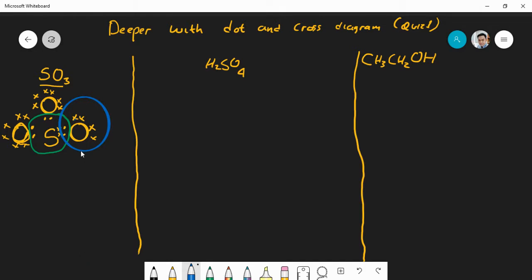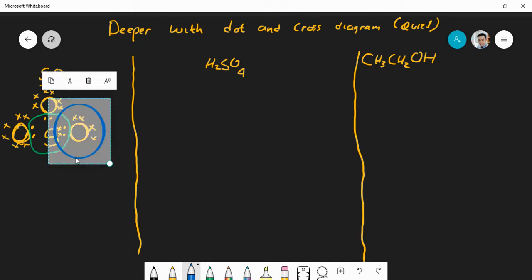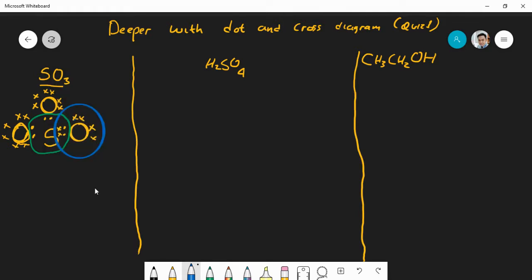Sorry guys, technical issue. If you count the electrons, it's going to be 8 electrons already. So this is 1, 2, 3, 4, 5, 6, 7, 8, and this one is also 8 electrons. So that is sulfur trioxide.